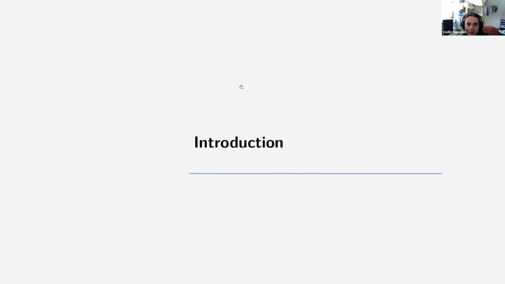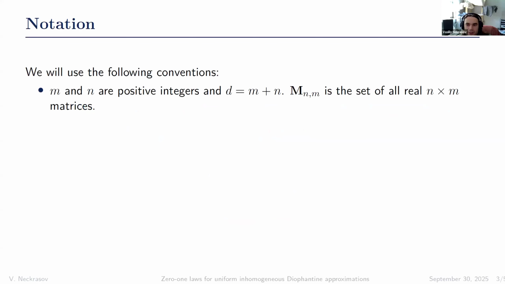Okay, so let's start with the notation and conventions that will be used throughout this talk. First of all, we always denote the dimensions as m and n, dimensions of matrices. M_{n,m} is the set of n by m real matrices.